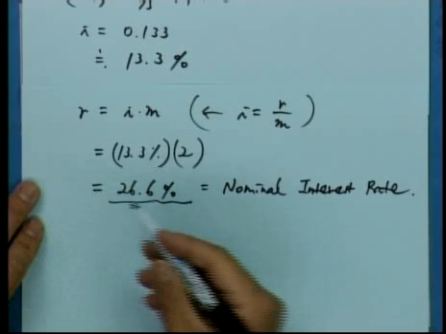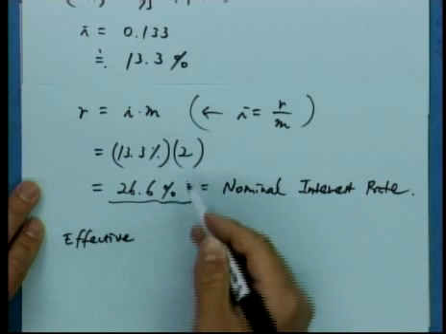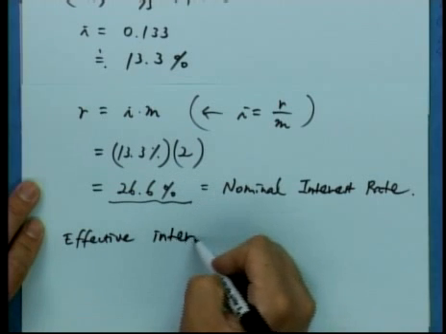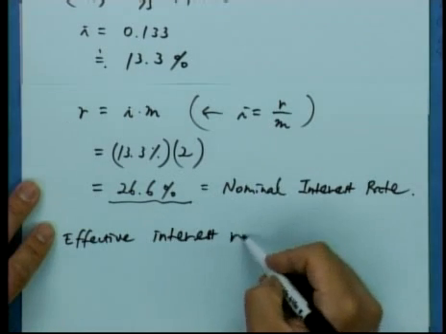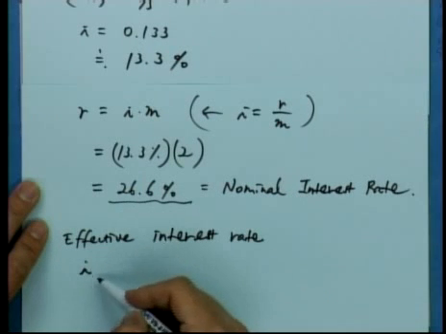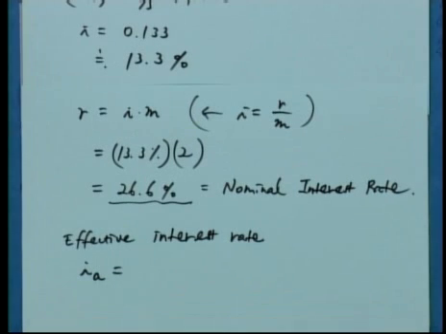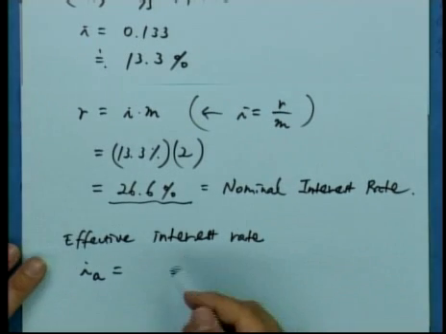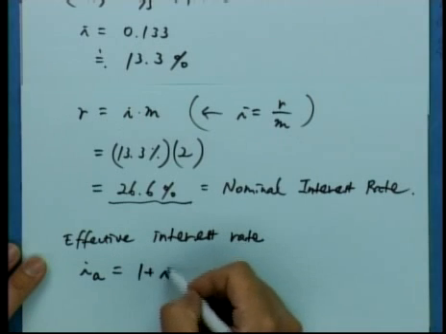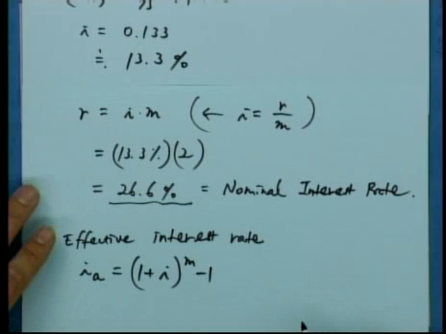Now, the effective interest rate, which is represented by i sub a, is (1 plus i) to the power m minus 1, right?